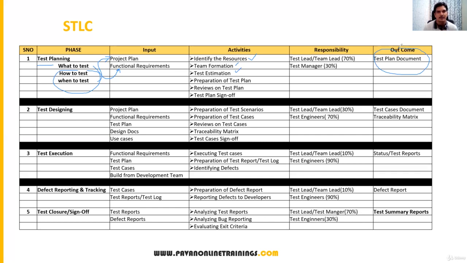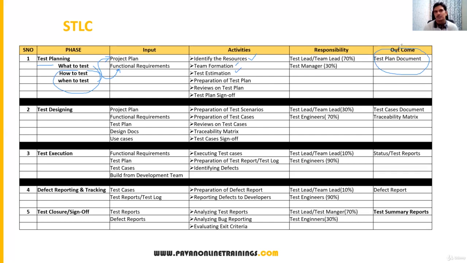What to test means which features are to be tested and which are not. How to test means what kinds of testing we will conduct, like sanity, smoke, functional, database, UI, performance, security, all kinds of testing. When to test means timelines and schedules. That is the test planning phase.